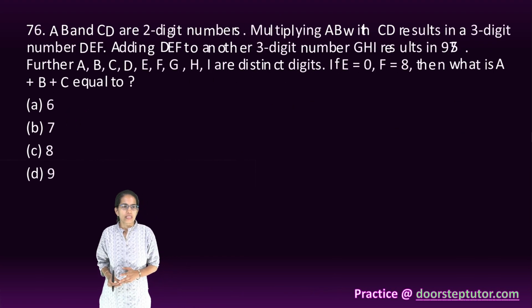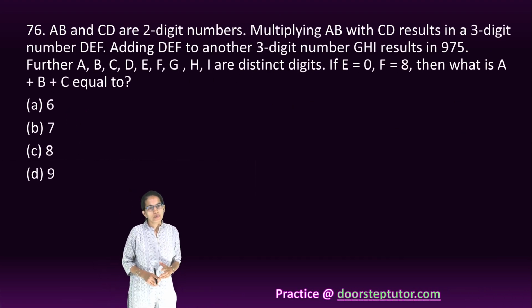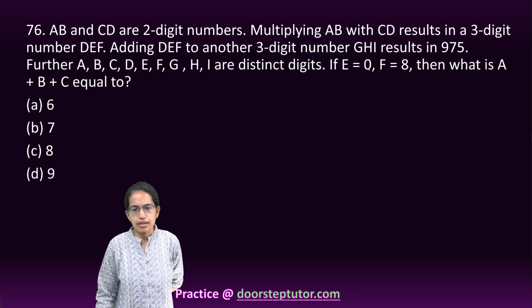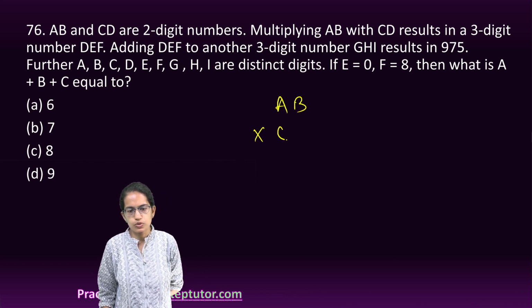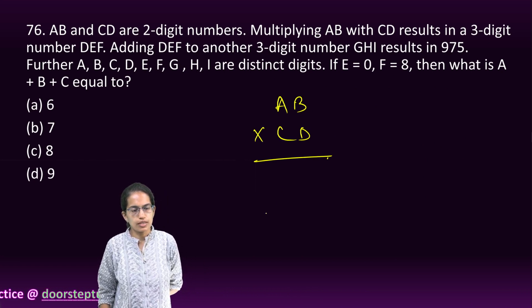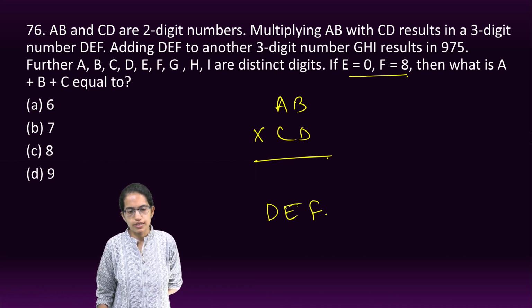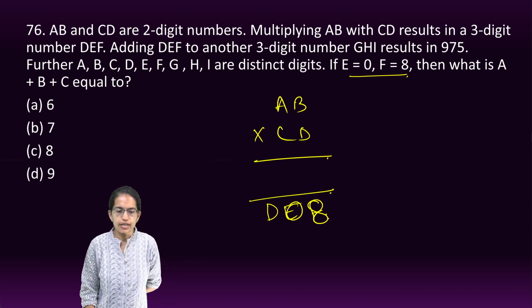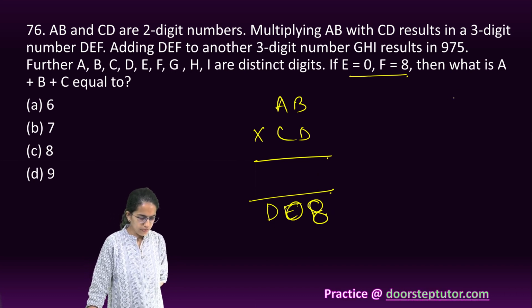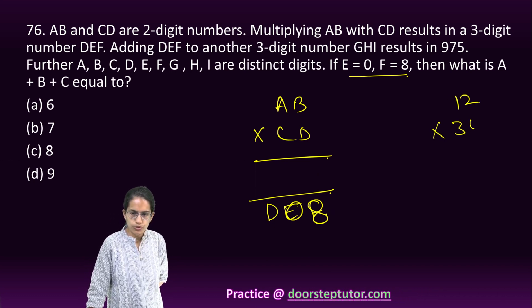The next question is, AB and CD are 2-digit numbers. Multiplying AB into CD gives me a number DEF, and E and F are 0 and 8. So I have these numbers as 0 and 8. Now I have to multiply it in such a way that I get a good number here. So I would do 12 into 34.